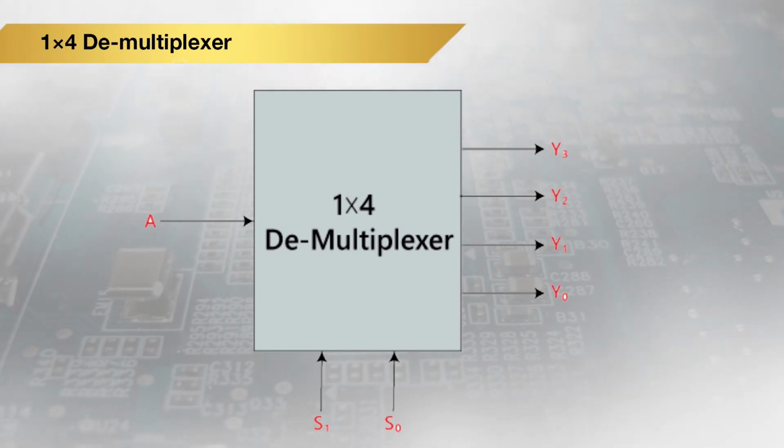So this block diagram shows a 1x4 demultiplexer. It has one input line A and two selection lines S0 and S1 along with 4 outputs Y0, Y1, Y2 and Y3.